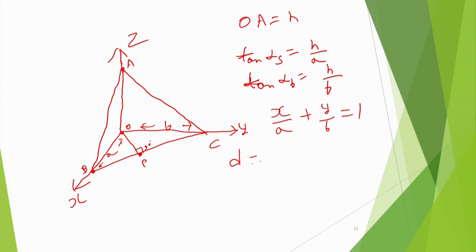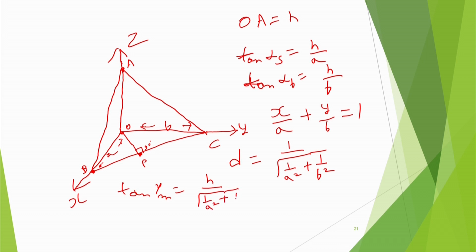Let us call it D. So D will be simply 1 divided by under root 1 by A square plus 1 by B square, right? Therefore tan gamma M in essence will be H divided by D, that means H divided by under root 1 by A square plus 1 by B square, like that.